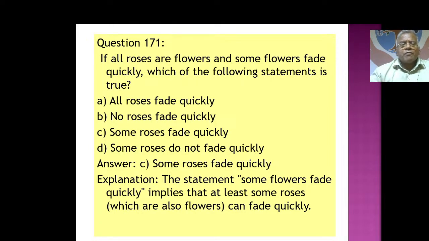So if all roses are flowers, some flowers fade quickly, then some roses fade quickly. That should be the right one. The third option is the right one. Some roses fade quickly. Some flowers means some roses. That way we can logically argue. So some roses fade quickly. That is the right answer.